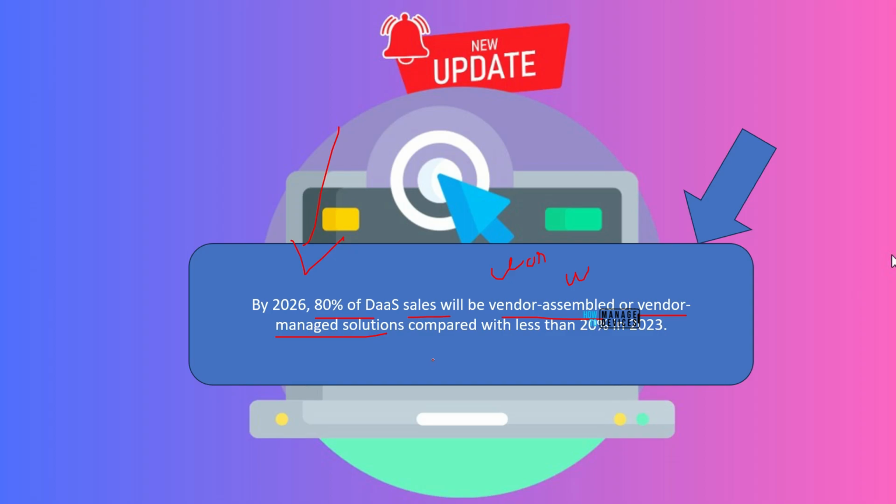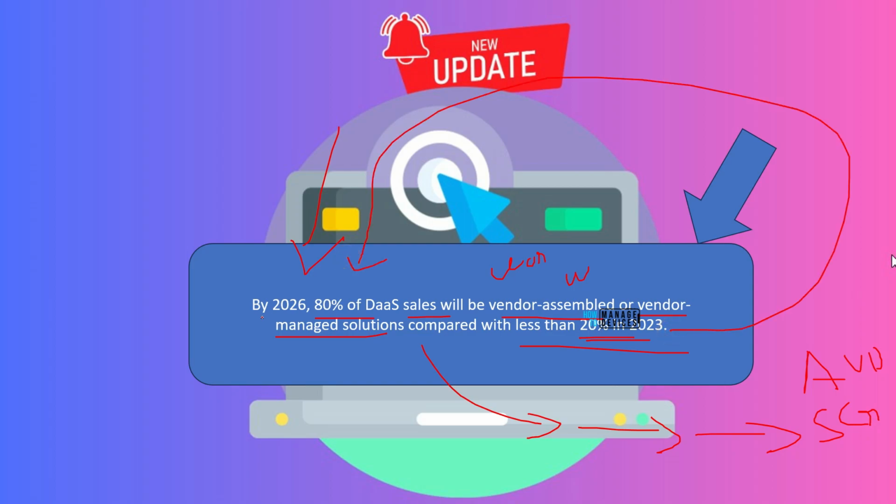As per Gartner, most of the organizations are going to move away from self-assembled solutions like AVD and Citrix Cloud solution. At the moment, the vendor assembled, vendor managed solutions are less in use, only 20% in the year of 2023. That is going to jump to 80% in 2026, and probably most of the vendors are going to concentrate on either vendor assembled or vendor managed solutions.